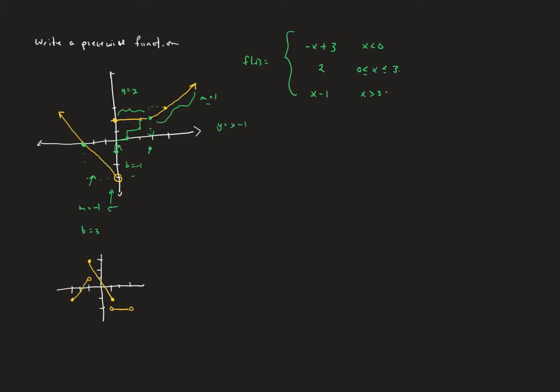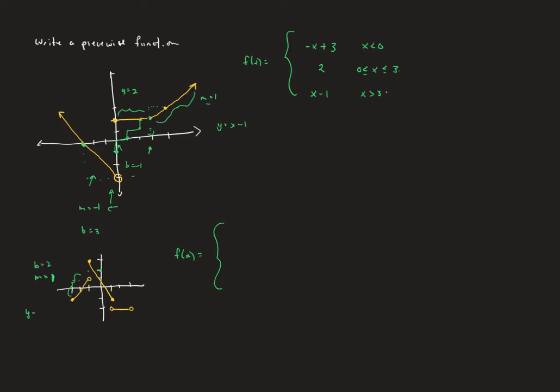So let's see if we can come up with a piecewise function for that. So looking at this first piece here, we can see that from counting rise over run, our slope is going to be, let's see, a rise 1, rise 2, run 2. So the slope is going to be 2 over 2, which is just 1. Now the y-intercept, if I kept going over 1, up 1, that would give us a y-intercept of 2.